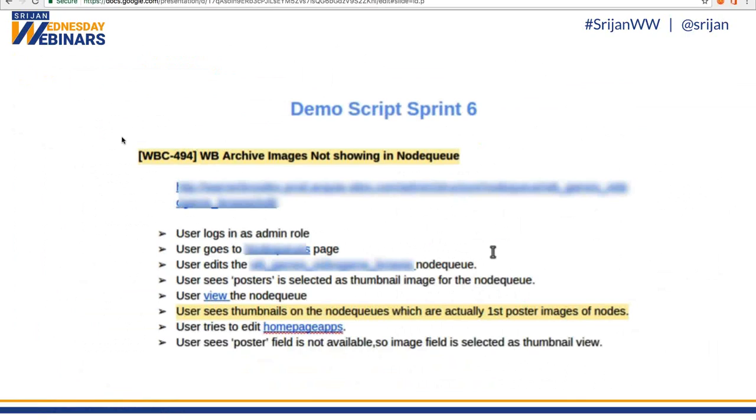What we do in the demo script is we specify the story name and the summary of the story. We write down the steps, like the user is logging in as admin role and the user is going to this page. The user will do some kind of action, and after doing this action there will be XYZ results.